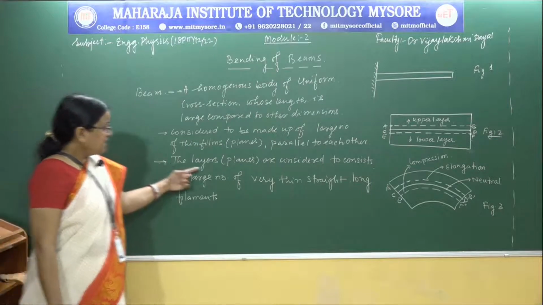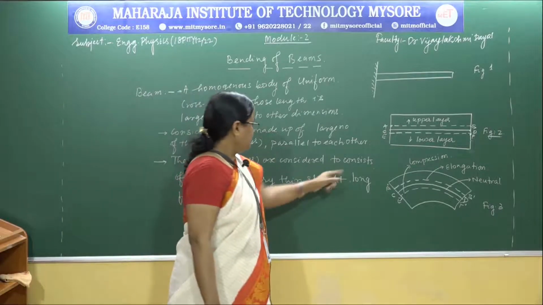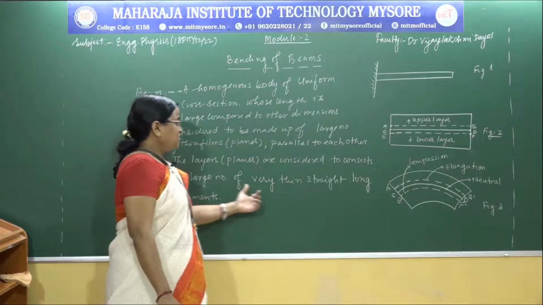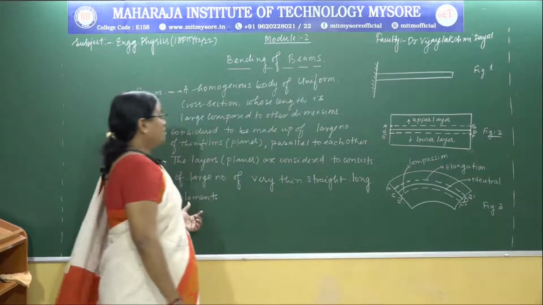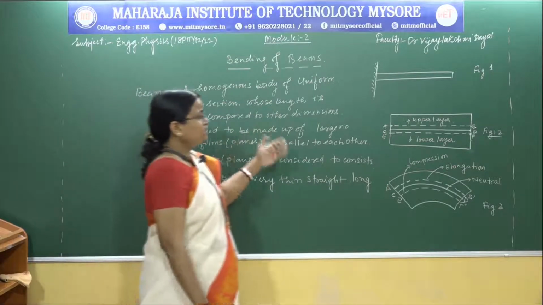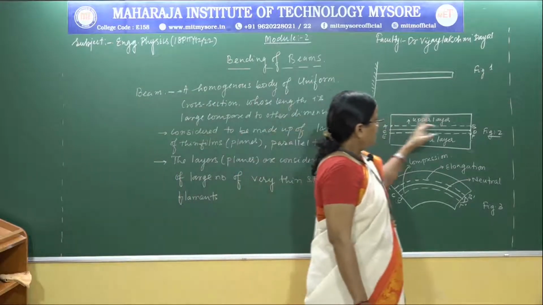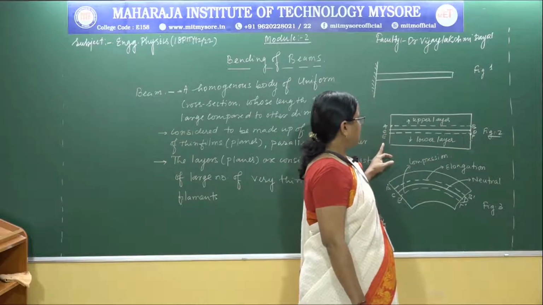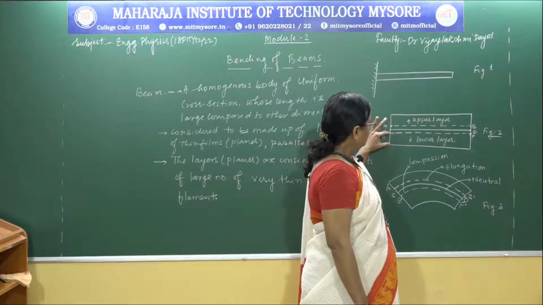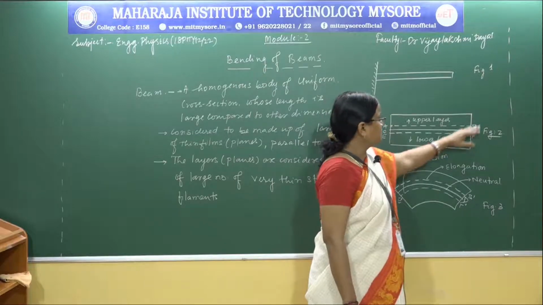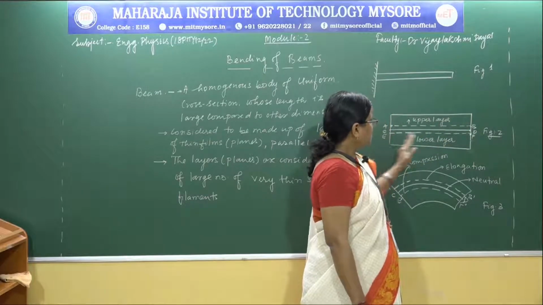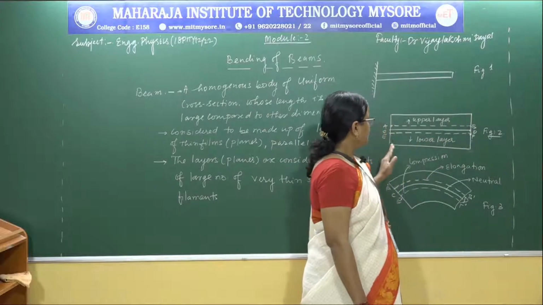So the layers or planes are considered to consist of a large number of very long, thin filaments. Now in the drawing you can see we have one such beam with three planes. If you divide it into different planes, one such plane is shown here.